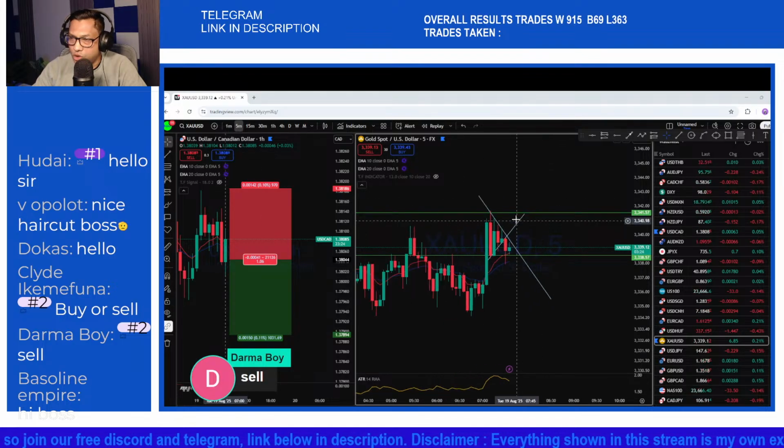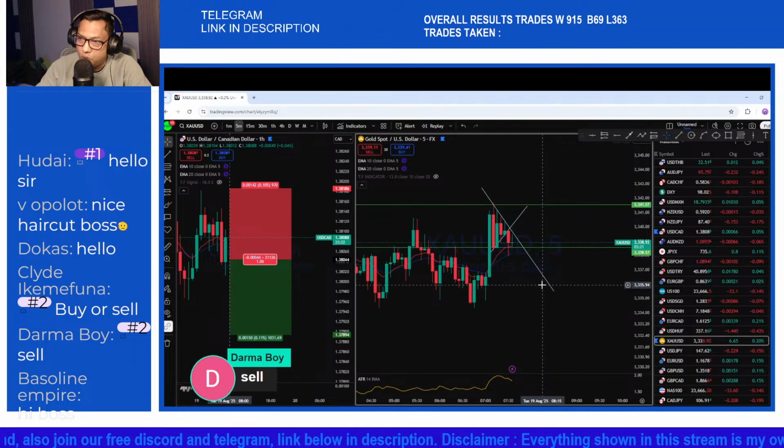Here is the move, the possibility of the market trending down to this support level.